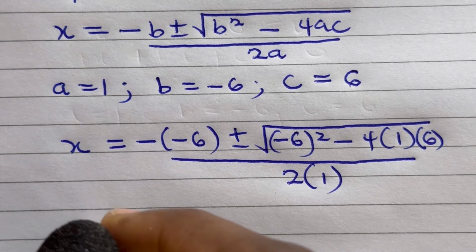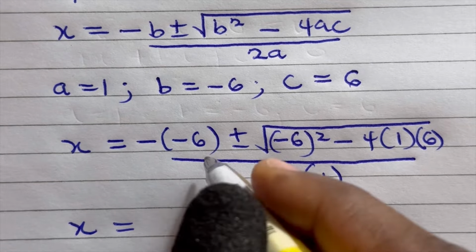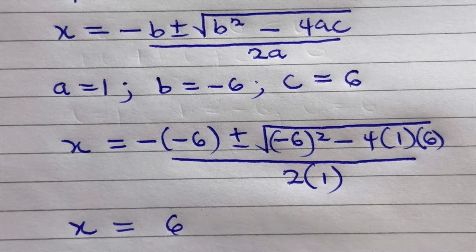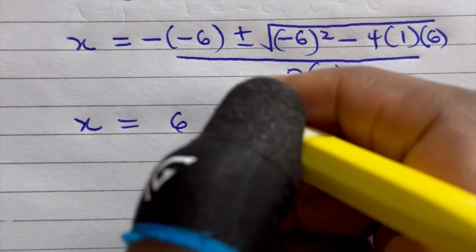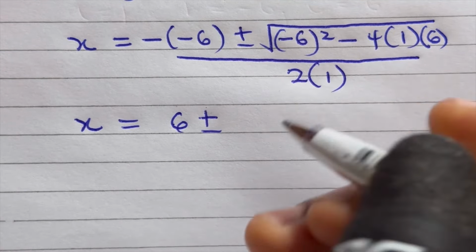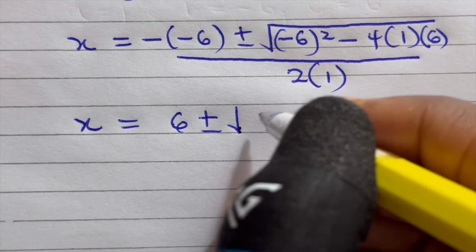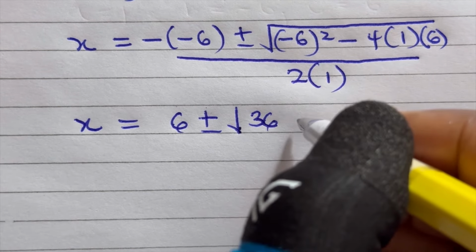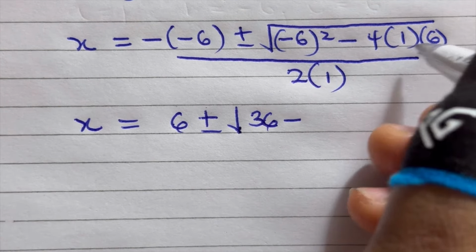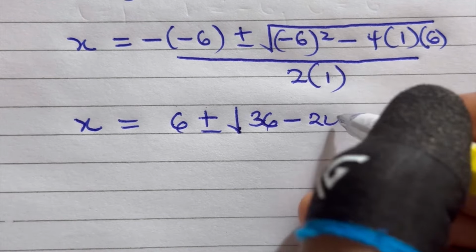So that x will now simplify into 6 plus or minus the square root of minus 6 squared is 36. Then minus 4 times 1 times 6 is 24.